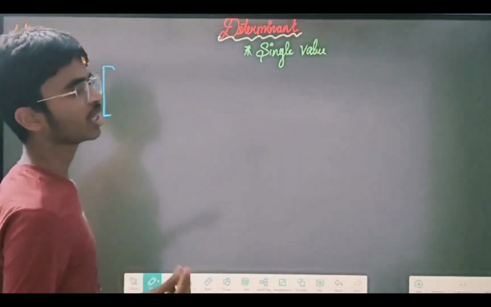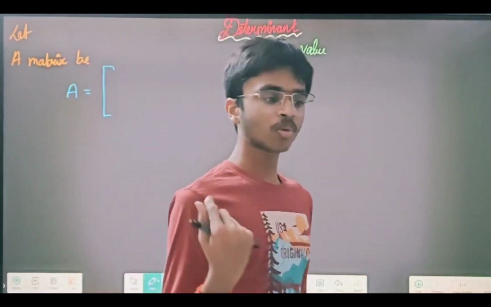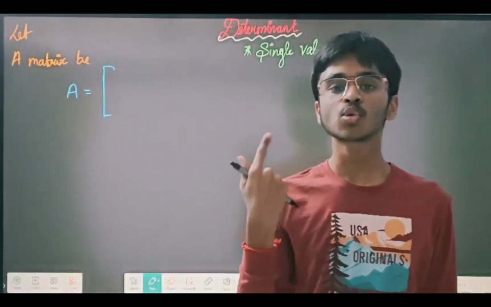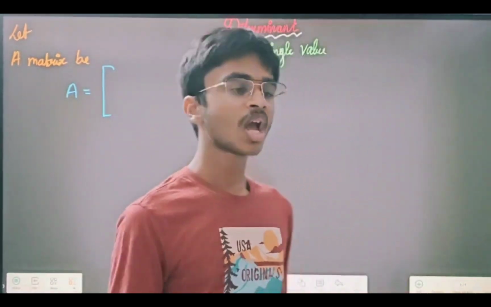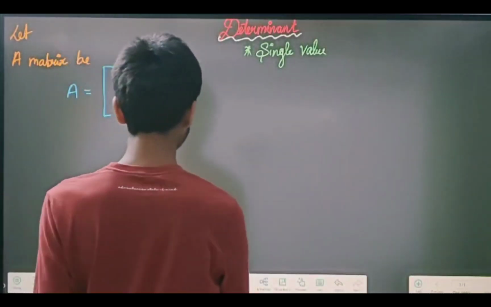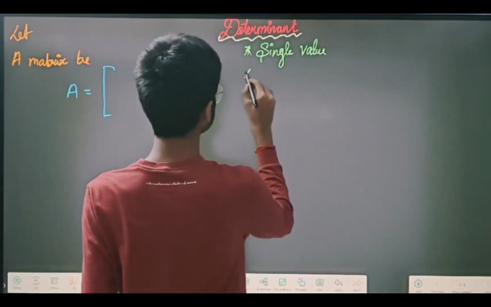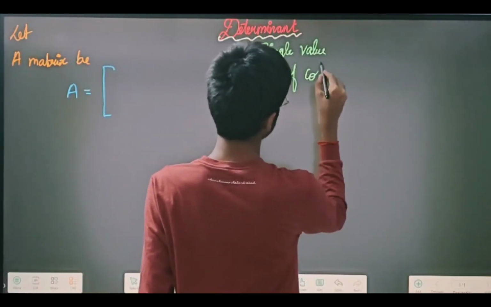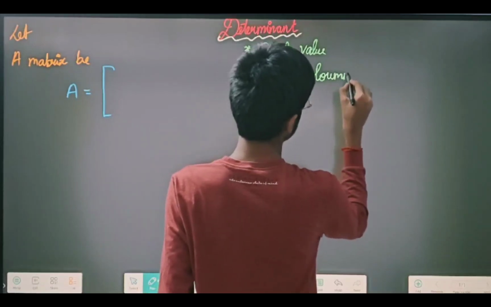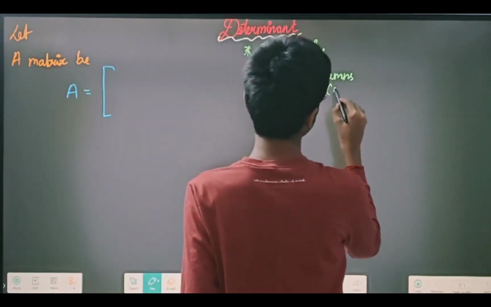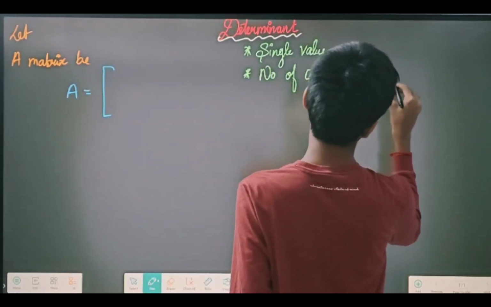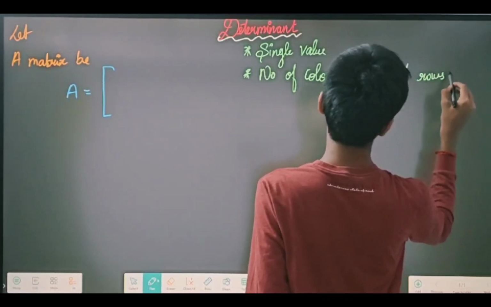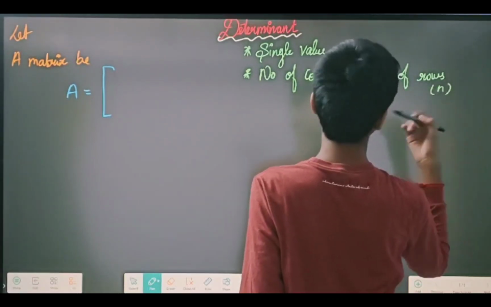I will be inputting some numbers, and note that this determinant concept is applicable one and only to a square matrix. What is a square matrix? The number of columns, which is m, should be equal to the number of rows, which is n.